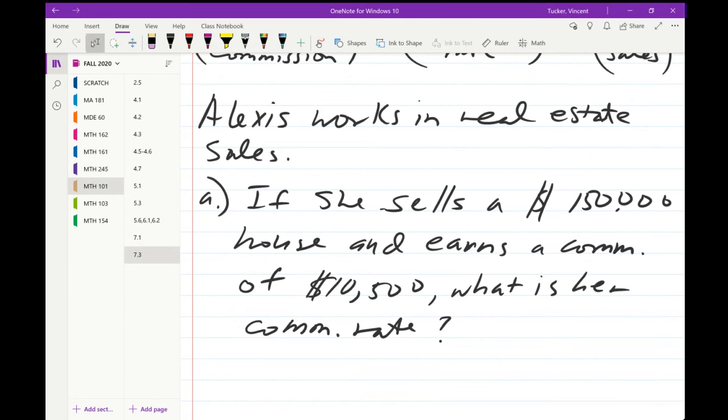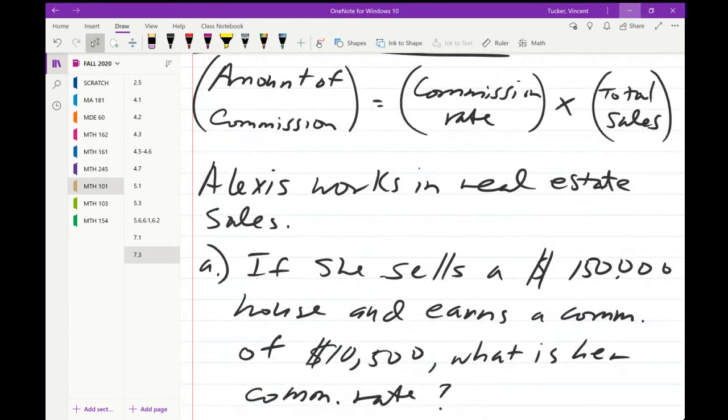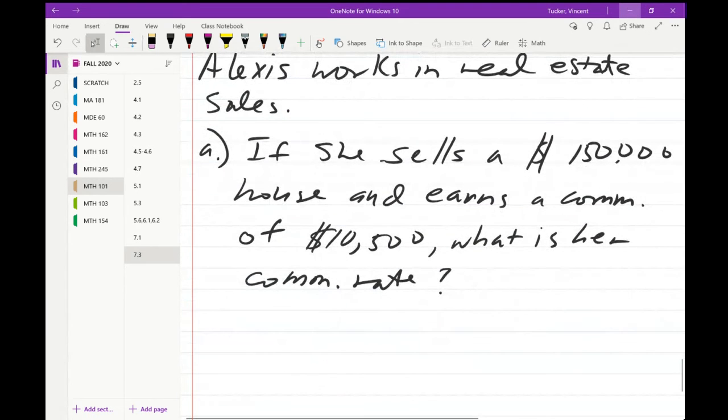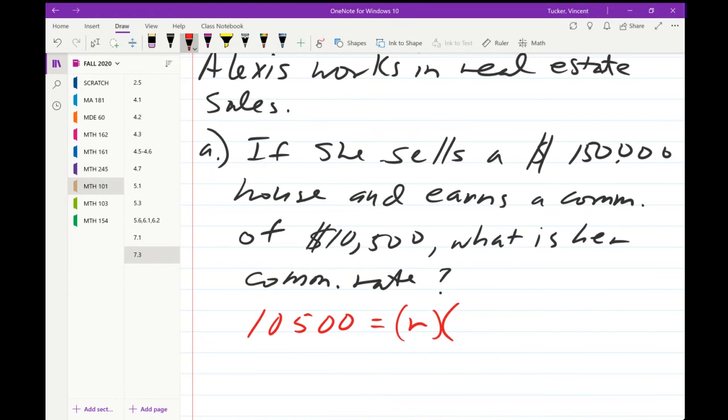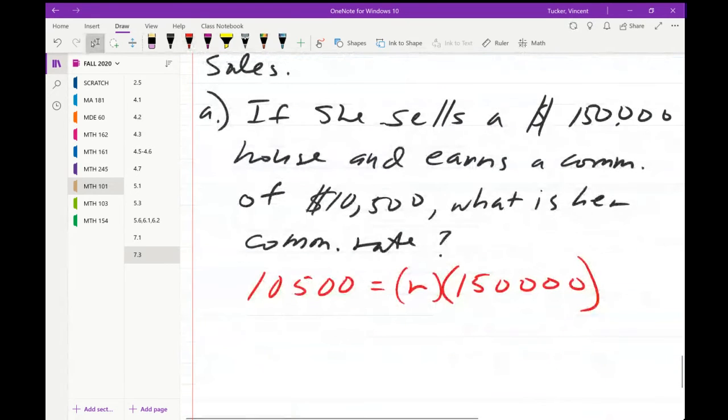So notice if you look at the formula, they gave us the amount of commission and the total sales, but we want to know what the rate is. So we will plug in what we know and solve for what we do not. The amount of commission is $10,500. The rate is what we do not know, and we're going to multiply that times the total sales.